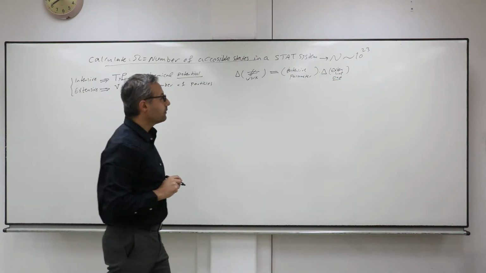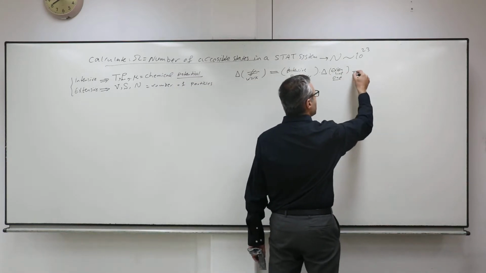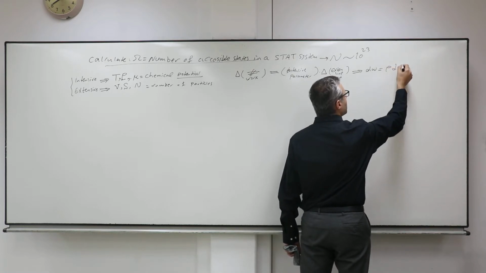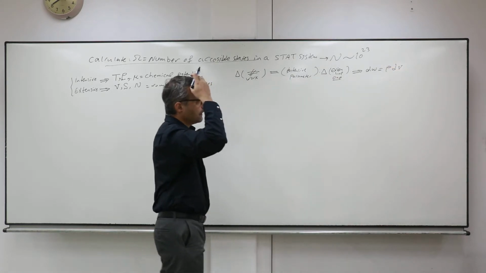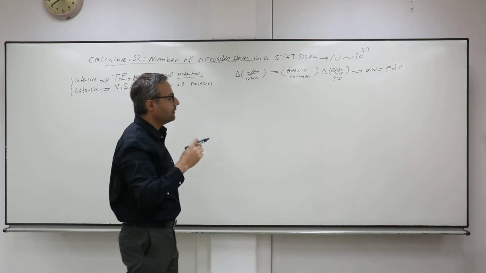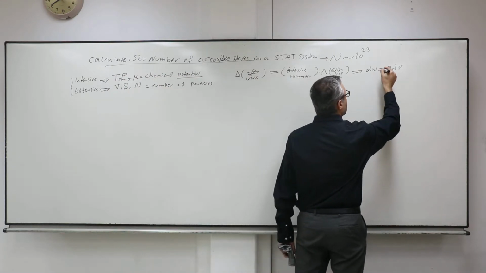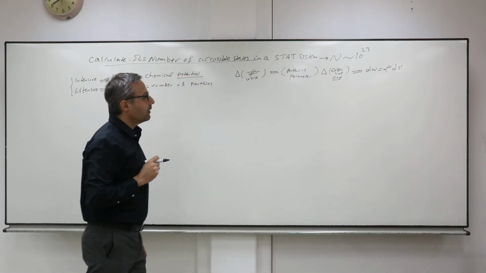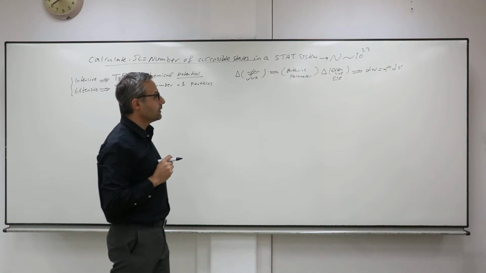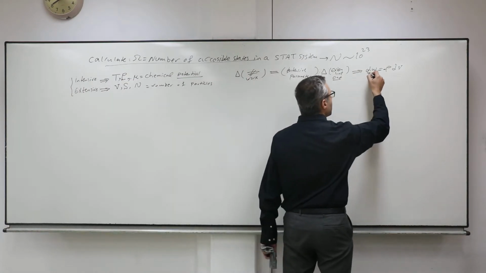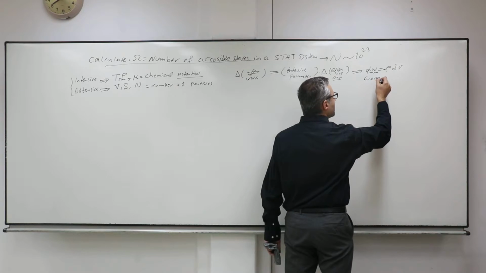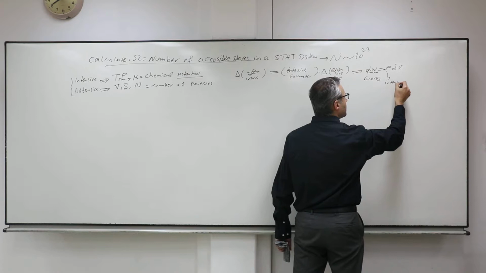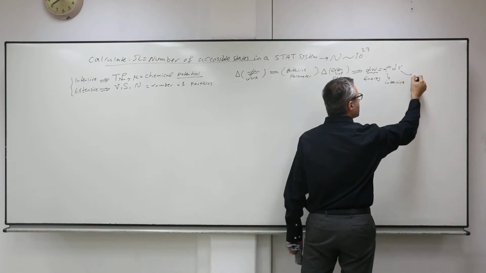You know that dW is P dV, with a minus sign, yes, though we are not talking about the form that appears in the first law of thermodynamics. So this is the change in the energy, the pressure is the intensive parameter, and that's the extensive one.